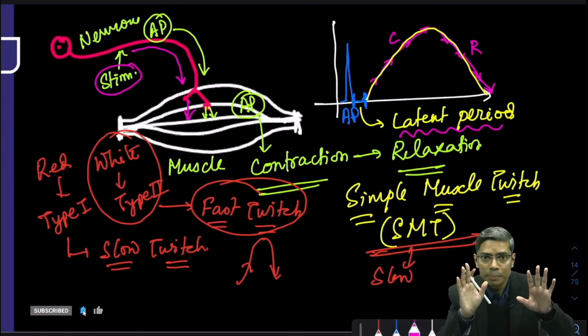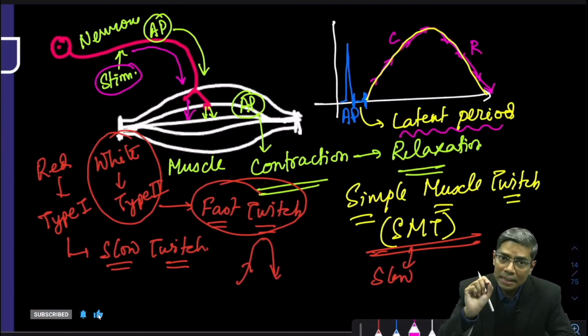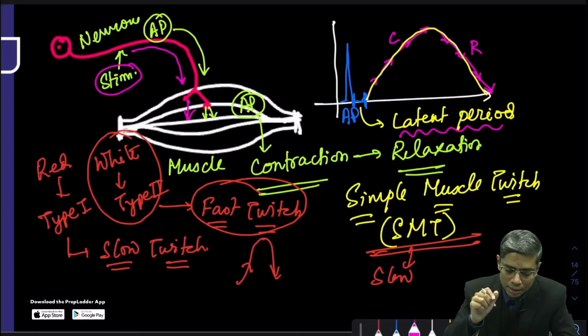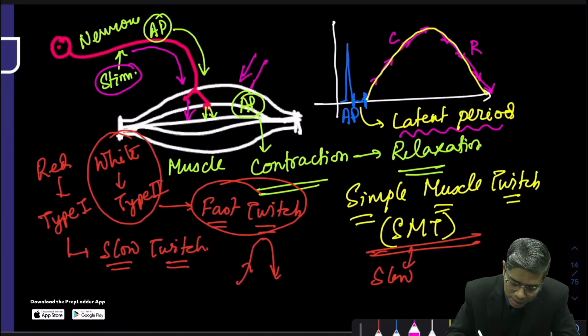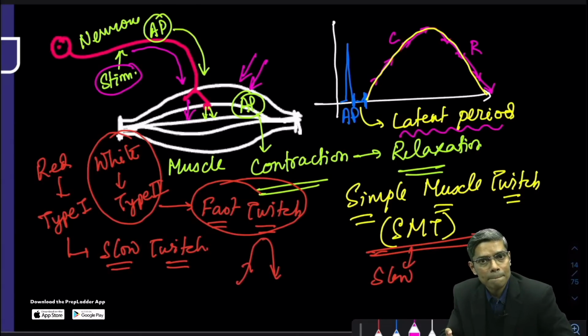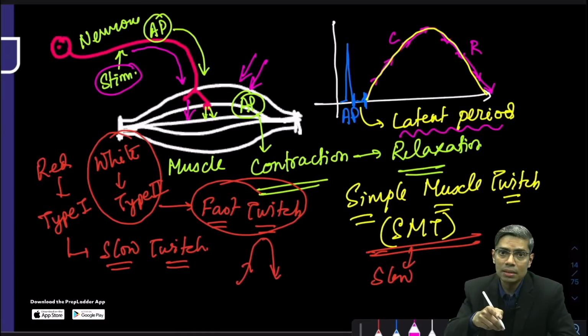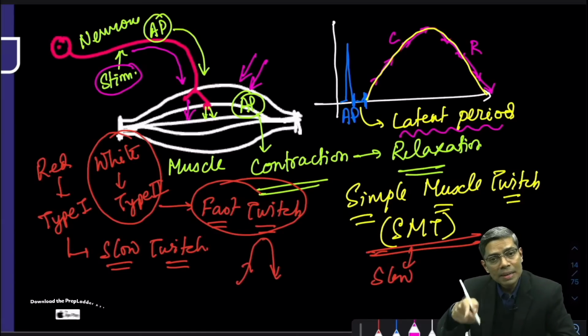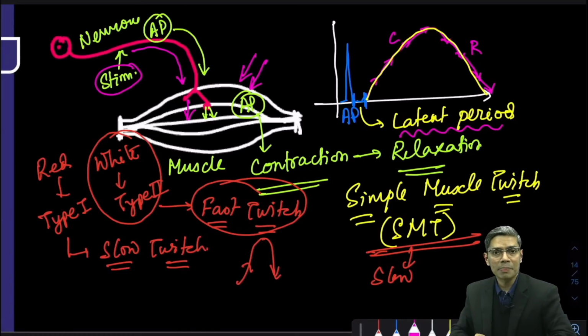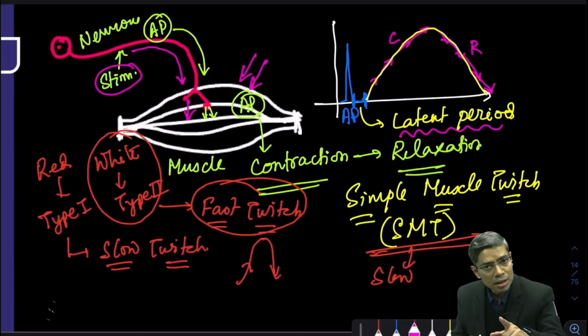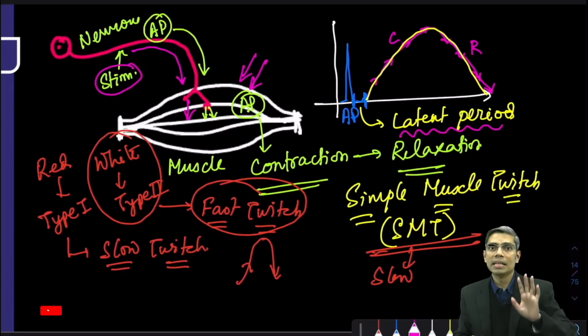But even if I give a direct stimulus on the muscle membrane, rather than stimulating the neuron, the muscle will contract, but again there will be a latent period.